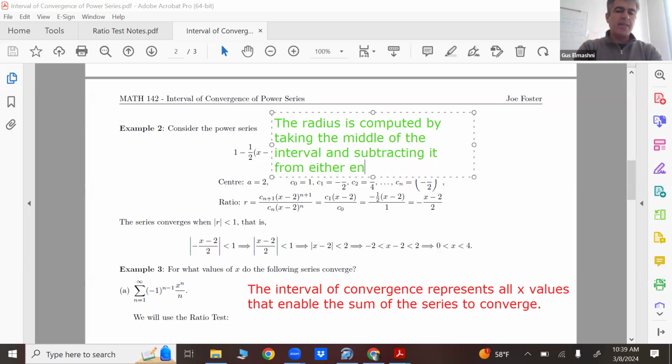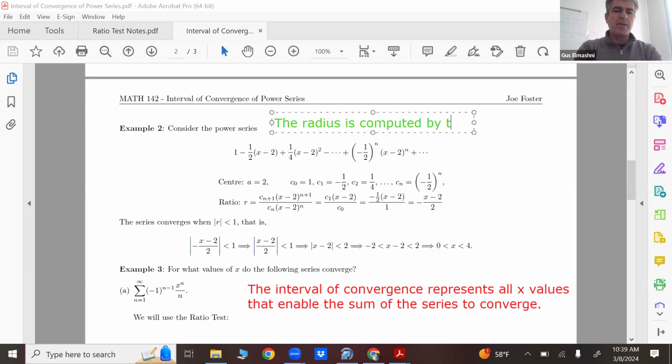Actually, that is what it is. Is it the average of the endpoints? Wait, no. The center to the endpoint.